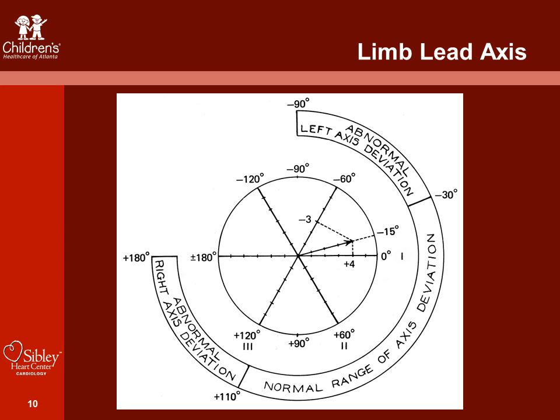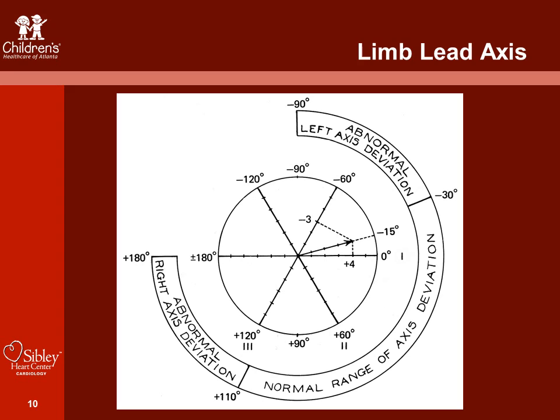So again, we still have lead 1 being positive over here at 0 degrees. Lead AVF is not labeled here, but it's at positive 90. Lead 2 and lead 3. So we say someone has normal range of axis if it's essentially from minus 15 to minus 30, up to, in an adult, 110 to 120 degrees.